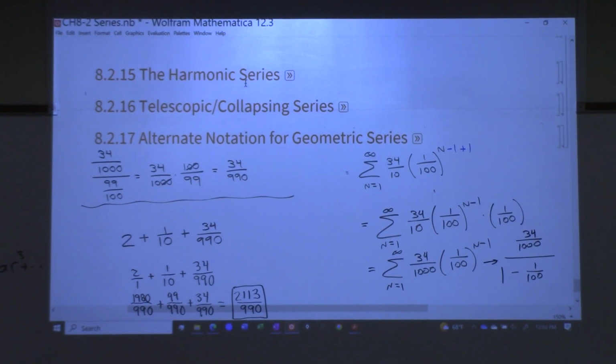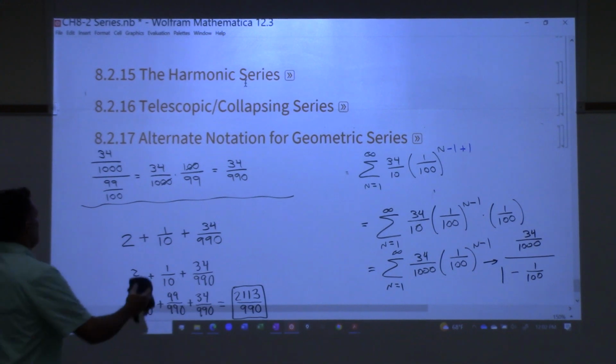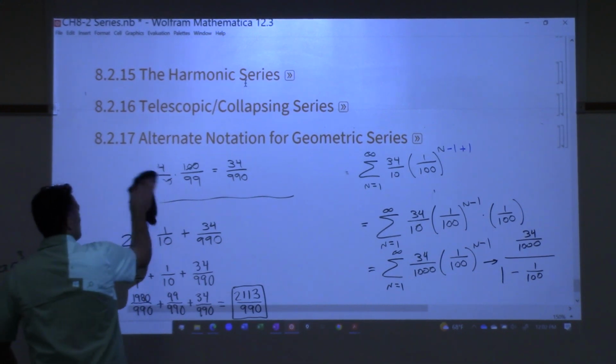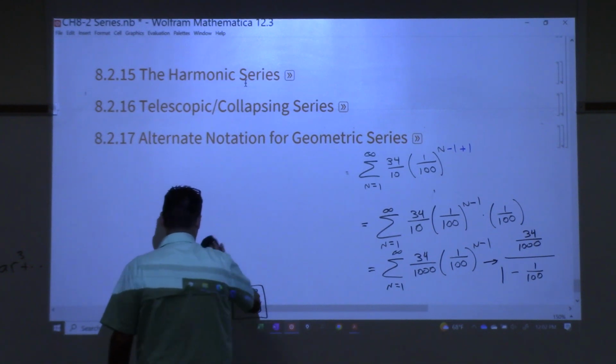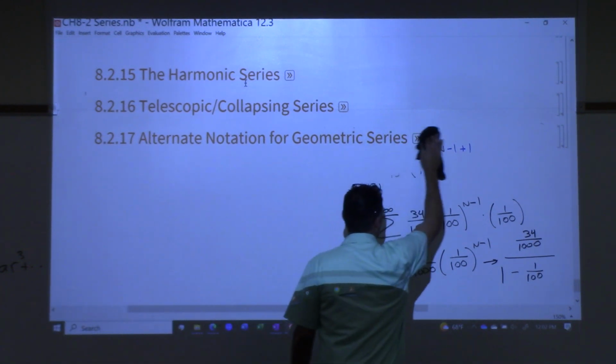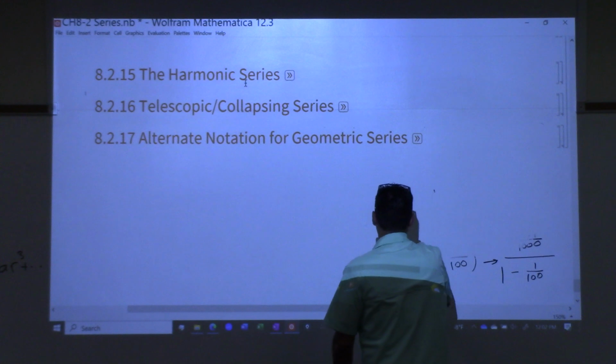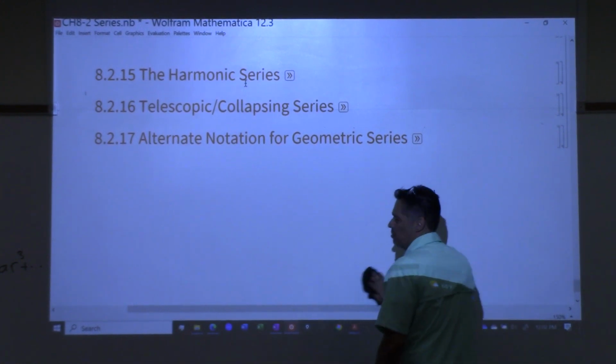Your next series. We have to harmonize here. So the harmonic series is, I think, the easiest series out of all series that we're going to see, because all harmonic series do the same thing.